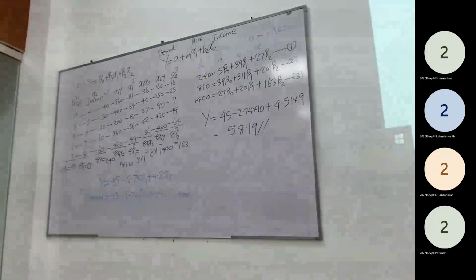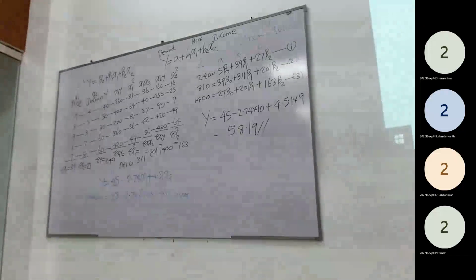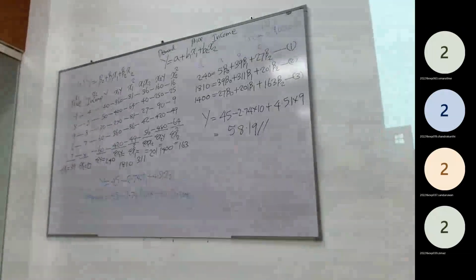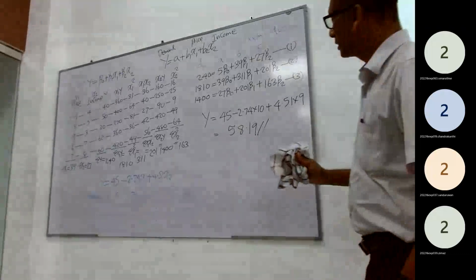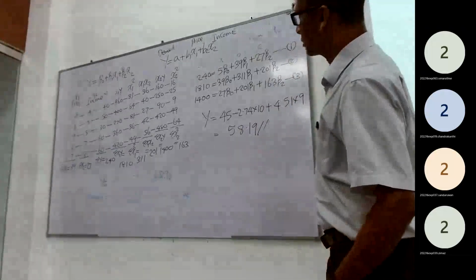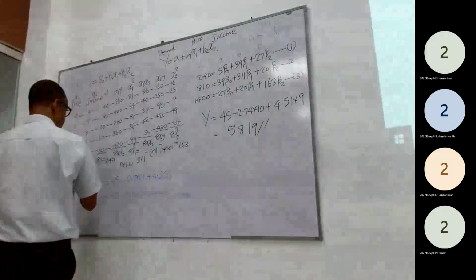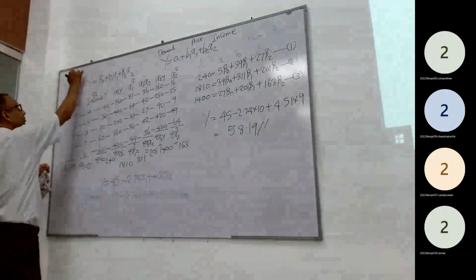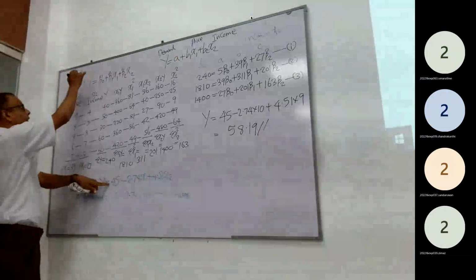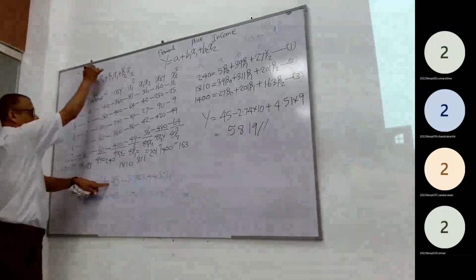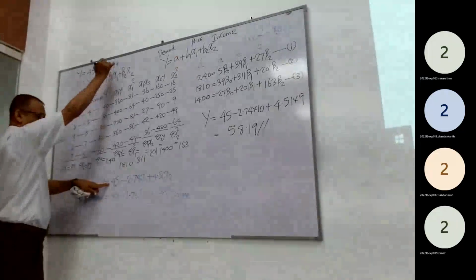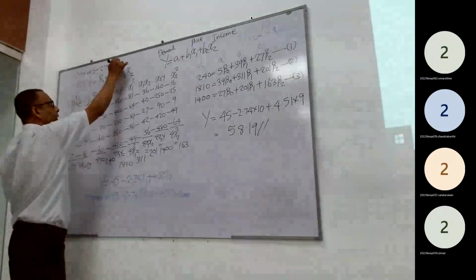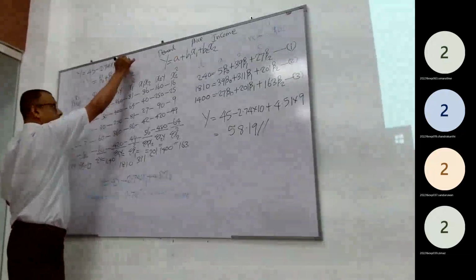Now construct regression ANOVA. I take my model here: Y equals 45 minus 2.74 x1 plus 4.51 x2.